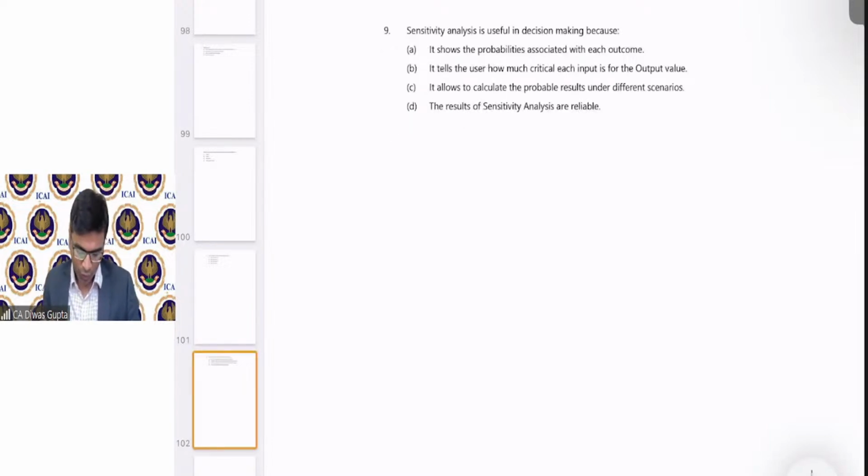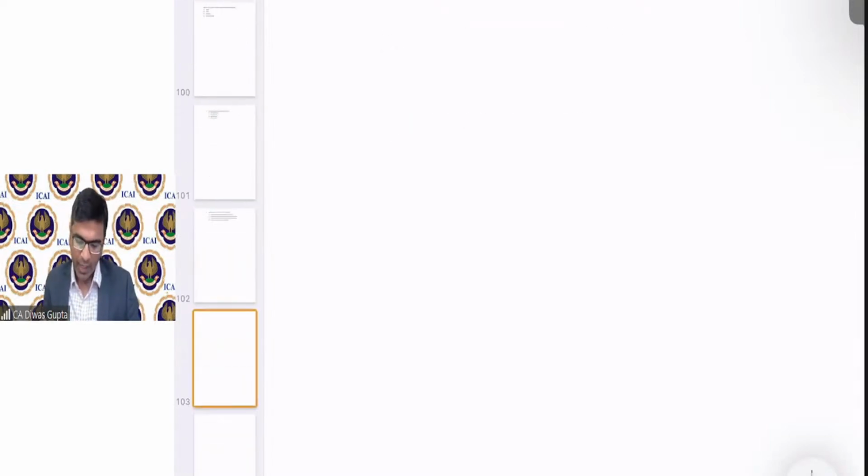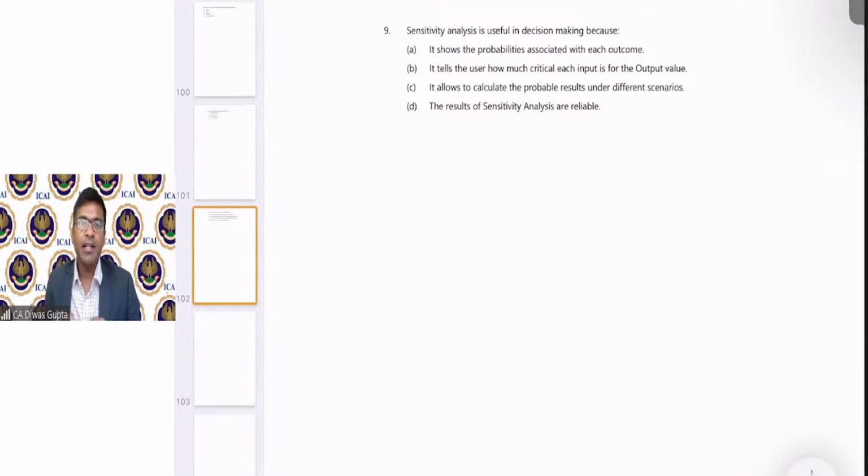Now the last question. Sensitivity analysis is useful in decision making because it shows the probabilities associated with each outcome. It tells the user how critical each input is for the output value. It allows to calculate the probable results under different scenarios.